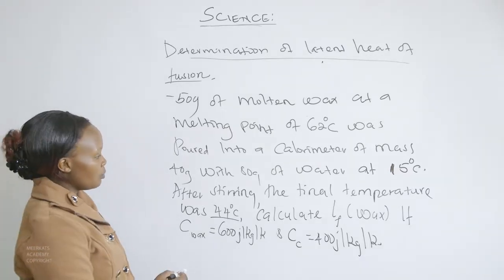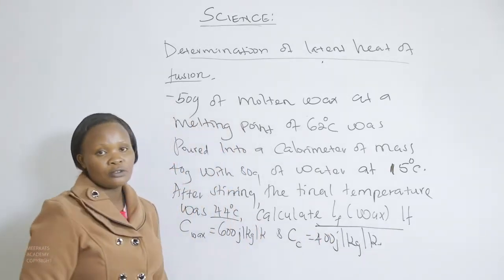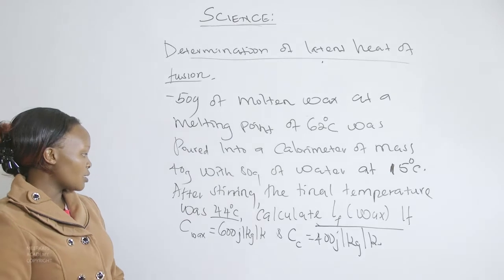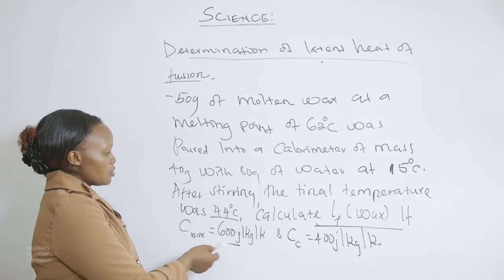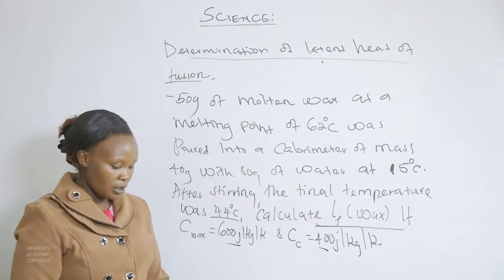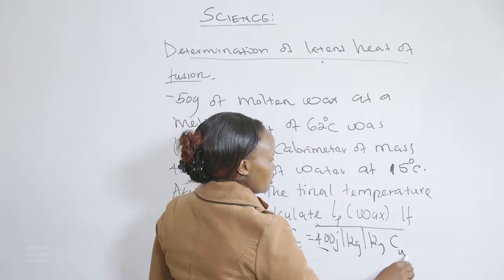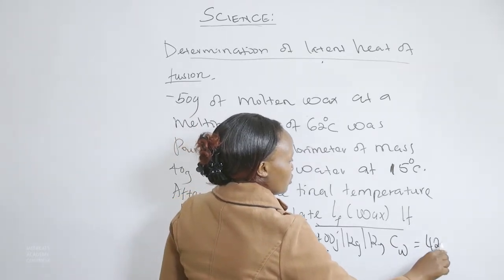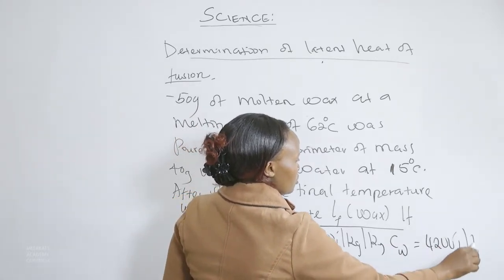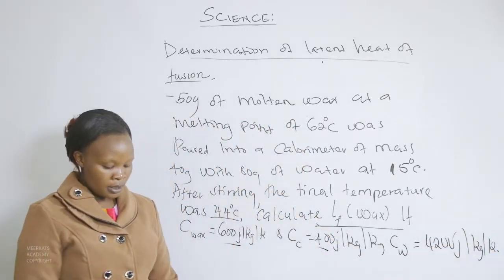With that information, we should calculate the latent heat of fusion of wax if its specific heat capacity is 600 and that of the calorimeter is 400. Also that of water is 4200 joules per kilogram Kelvin.